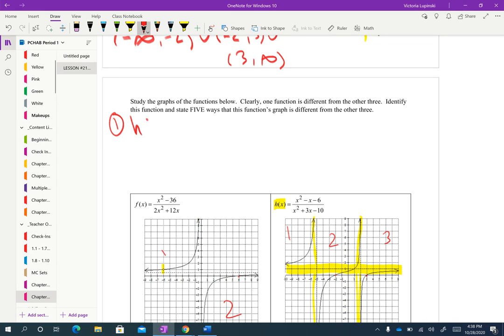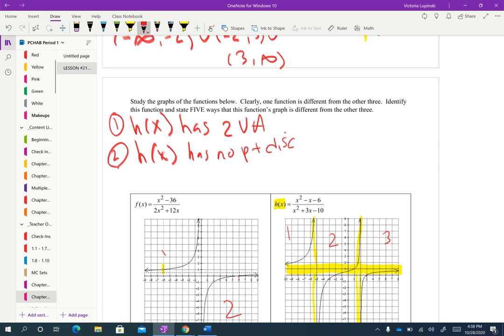So we're talking about h of x has 2 vertical asymptotes, where all the rest only have 1. Again, for number 2, h of x has no point discontinuity.